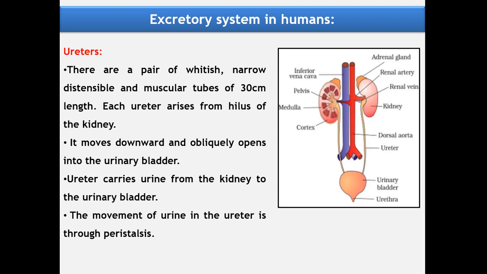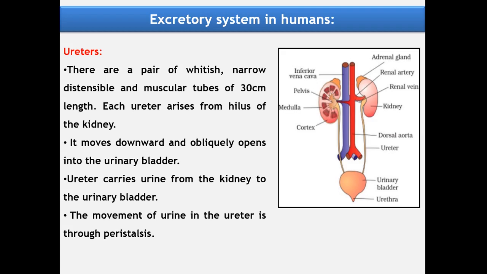Distensible means capable of expanding, that means they can stretch themselves, and they are made up of muscle. Each ureter arises from the hilus, hilus means the opening of the kidney. It moves down obliquely and opens into the urinary bladder.